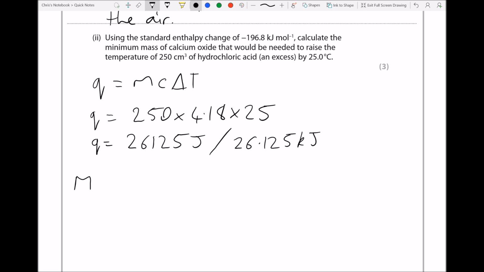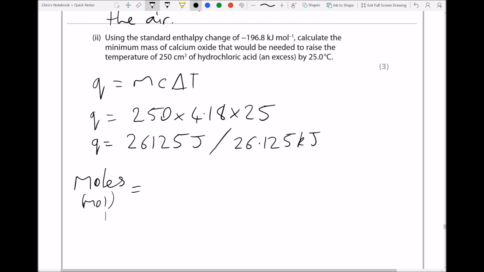Now, like I said, we need to work out the moles. To do that, we can divide our energy, which is in kilojoules, by the enthalpy change, and if we cancel out the kilojoules, we get moles. So I'll show you what I mean.